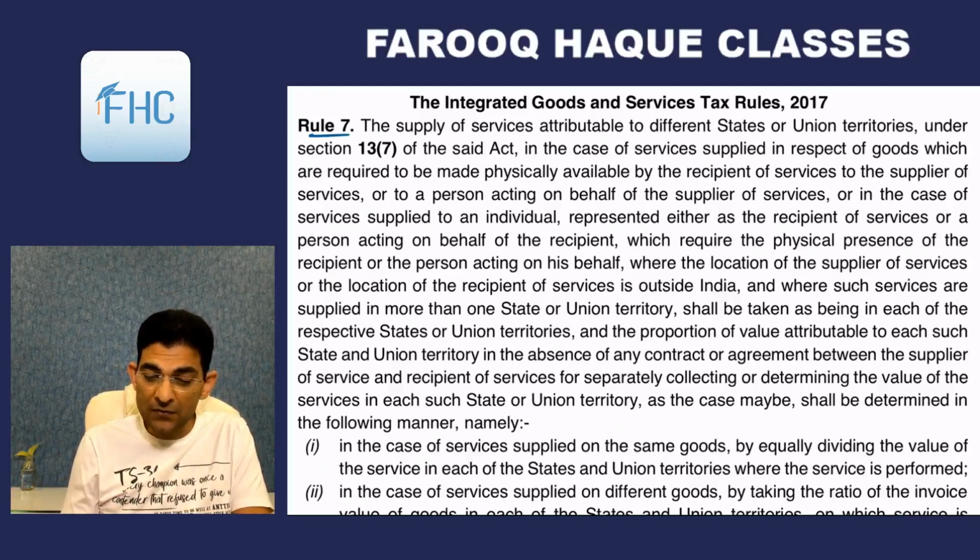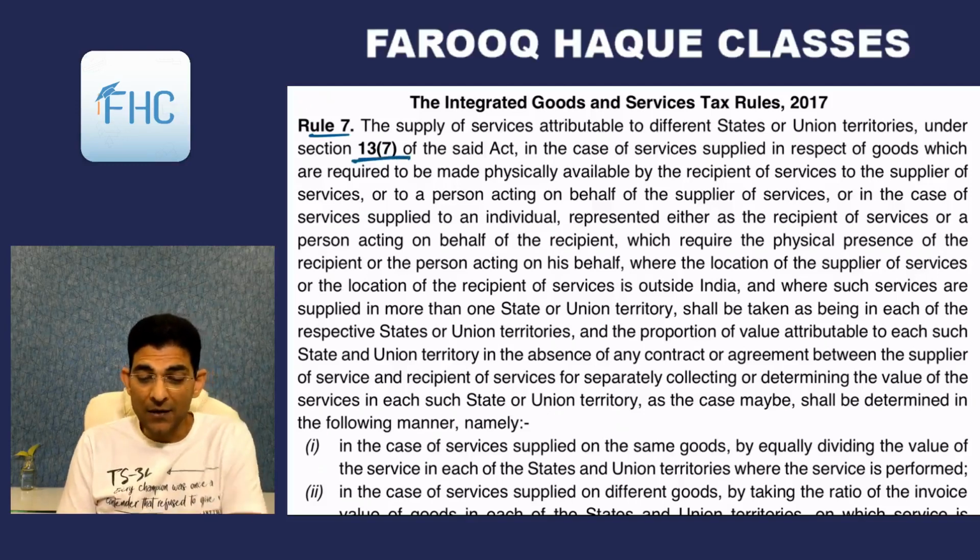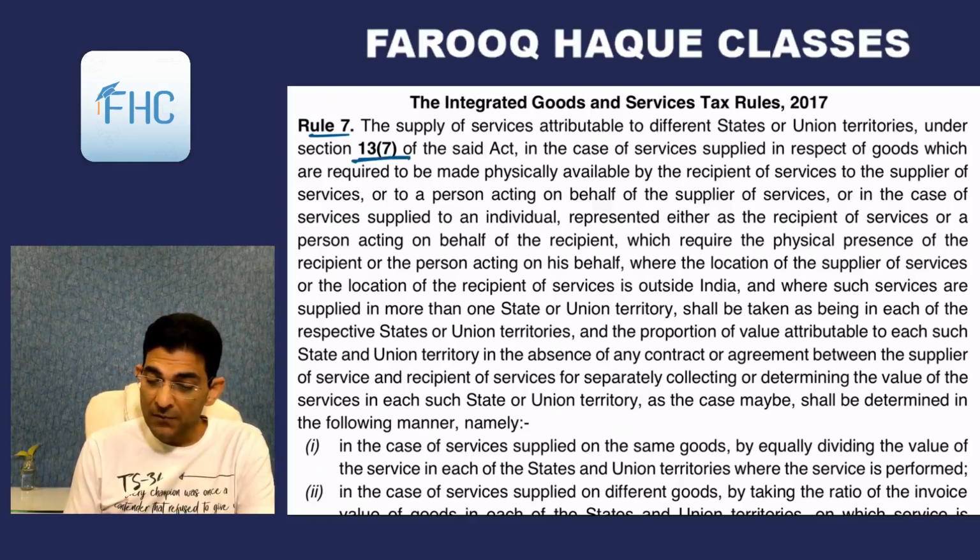It says that the supply of service attributable to different states or union territories under section 13(7) of the said act, in the case of service supplied in respect of goods which are required to be made physically available, we had seen this point, by the recipient to the supplier or to a person acting on behalf of the supplier, or in the case of service supplied to an individual represented either as the recipient of service or person acting on behalf of the recipient, which requires physical presence of the recipient.